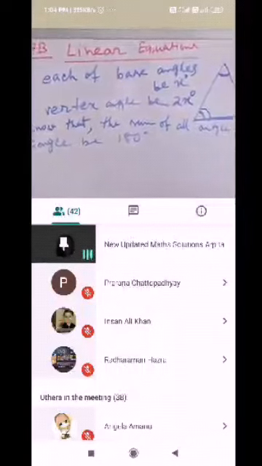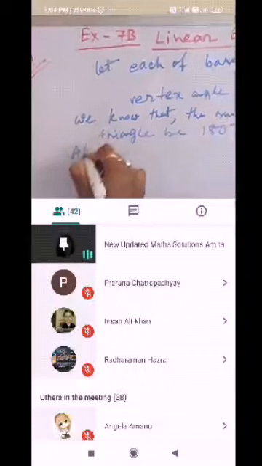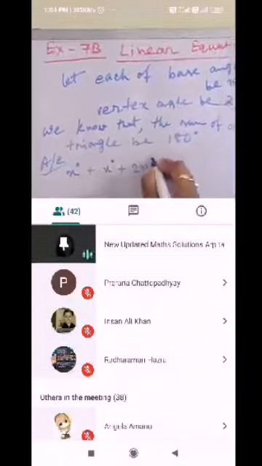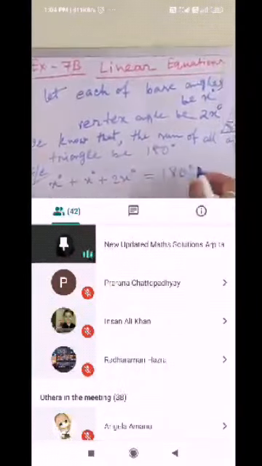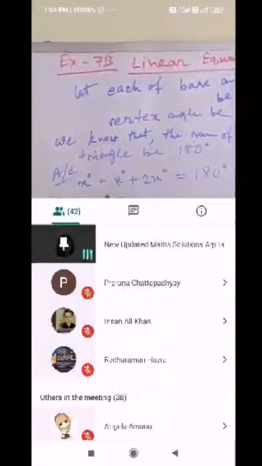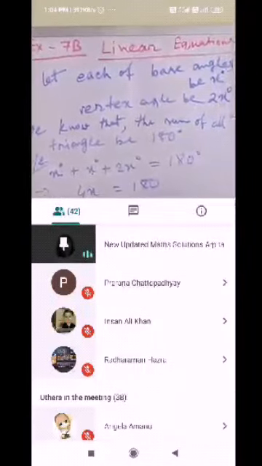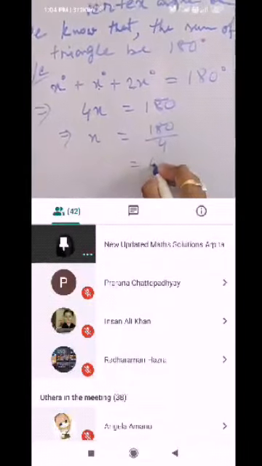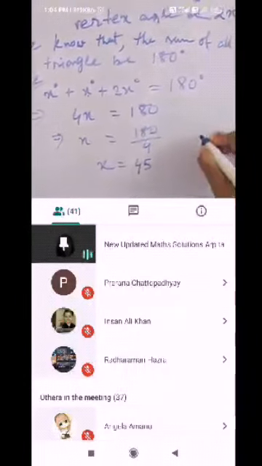According to the condition, x degree plus 2x degree plus x degree equal to 180 degree. From the next line we will not give degree. 2x plus x plus x, that means 4x equal to 180. That means x equal to 180 by 4. x equal to 45 degree.